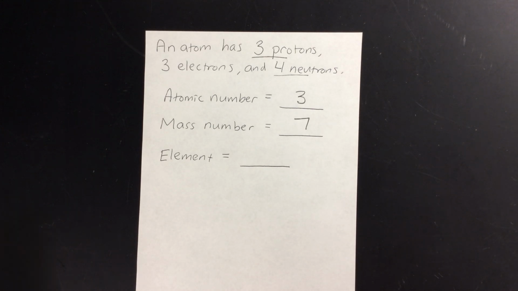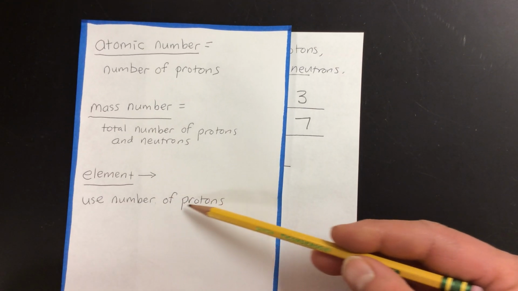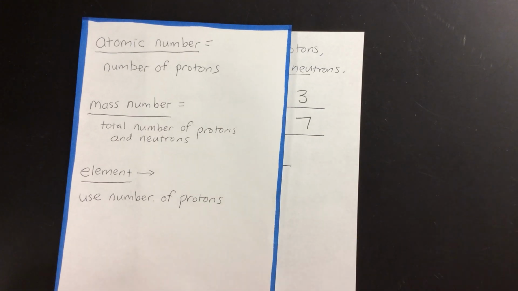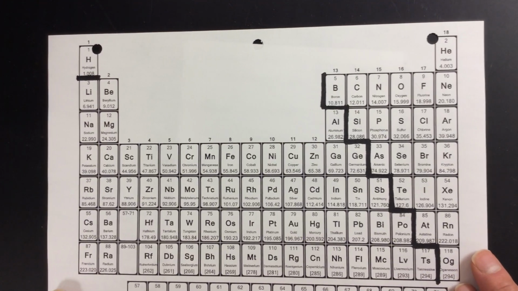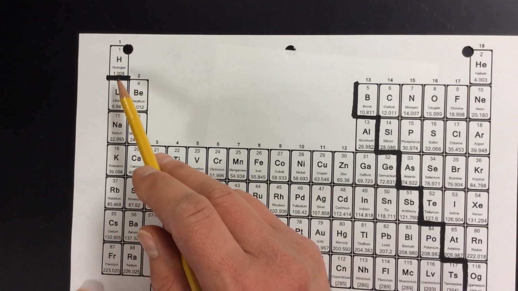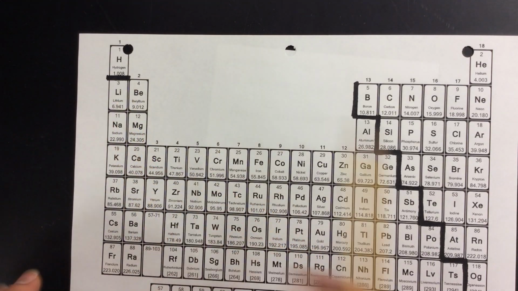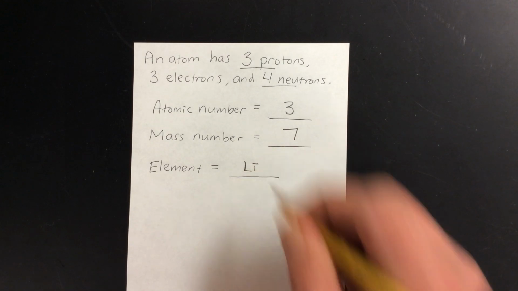Last but not least is the element. So to find the element, you use the number of protons. So I need to take my periodic table and find which element has an atomic number of 3, right? 3 protons. And it looks like it's this one right here, lithium, Li. So for the element, I go ahead and I write Li.